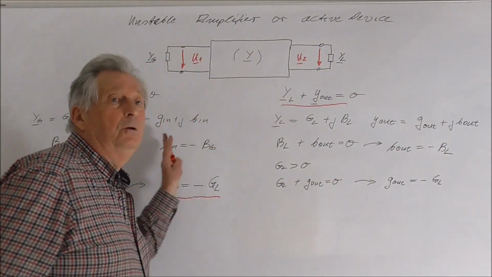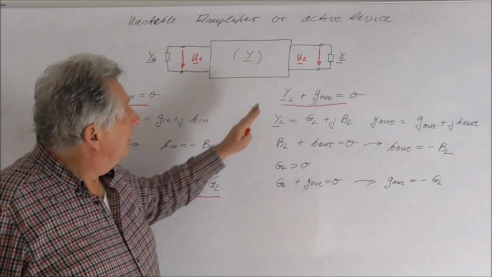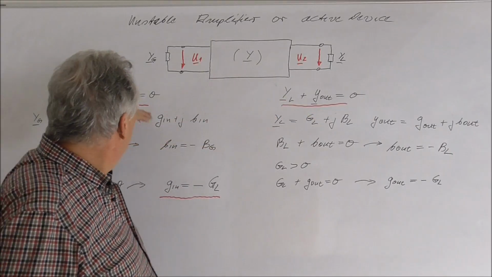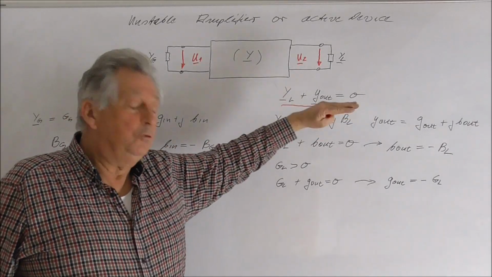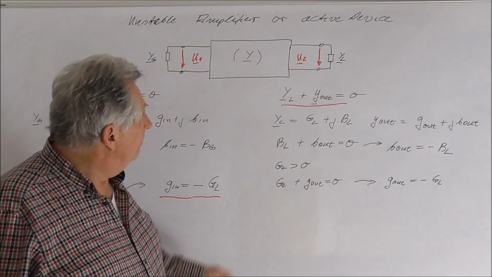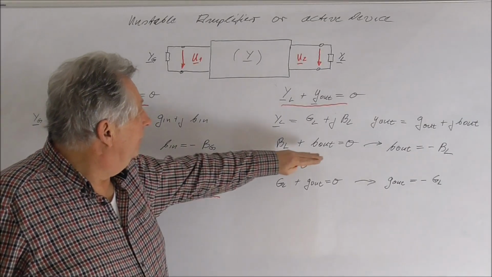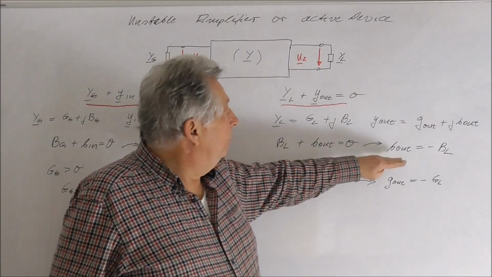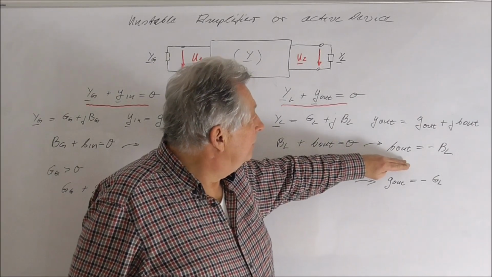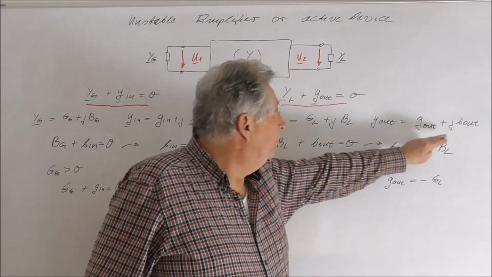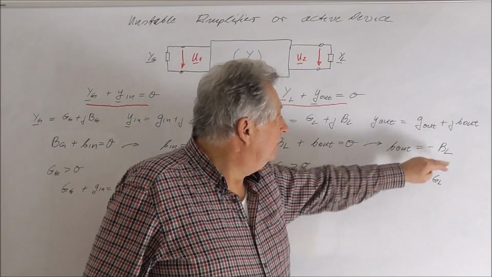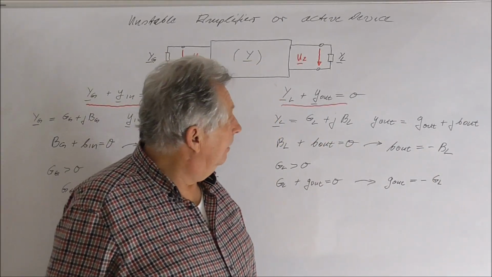But the same considerations we can do also for the output, because both equations hold true at the same time. So again here, if we consider the imaginary part, then of course the susceptance of the output admittance must be equal to the negative value.